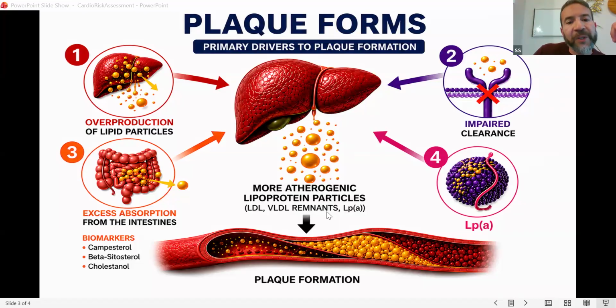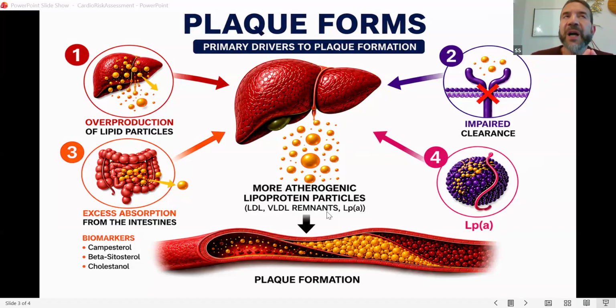Okay, now the last case I want to talk about is Lp(a). The production and the quantity of this type of lipid particle are predominantly determined by genetics. High levels are very concerning. Why? Because Lp(a) is different.